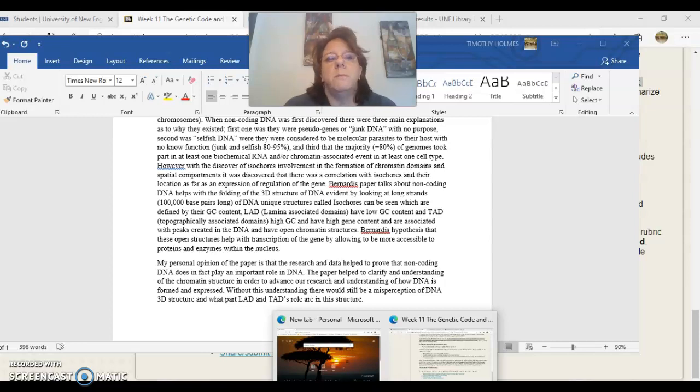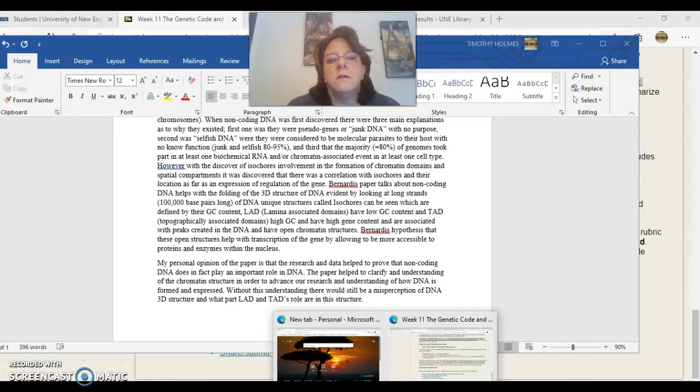And they thought the junk and the selfish occurred between 80 to 90% of the time they were found. The third, the majority, 80% of genomes took part in at least one biochemical RNA or chromatin associated event in at least one cell type.